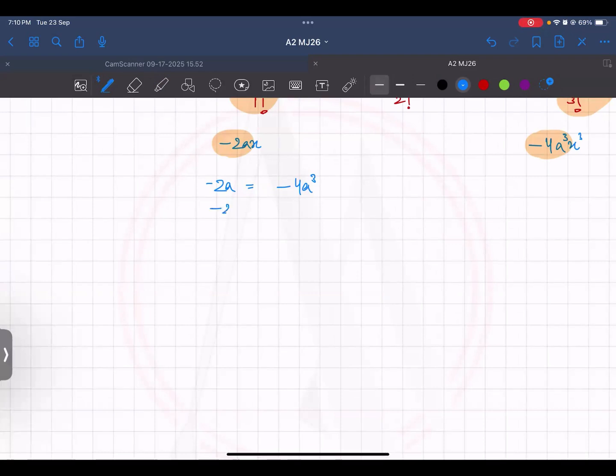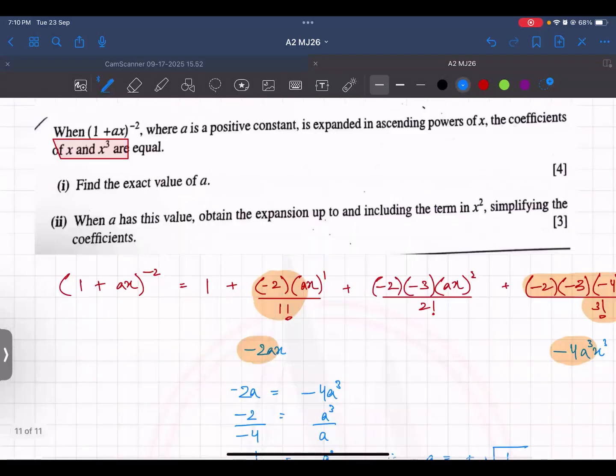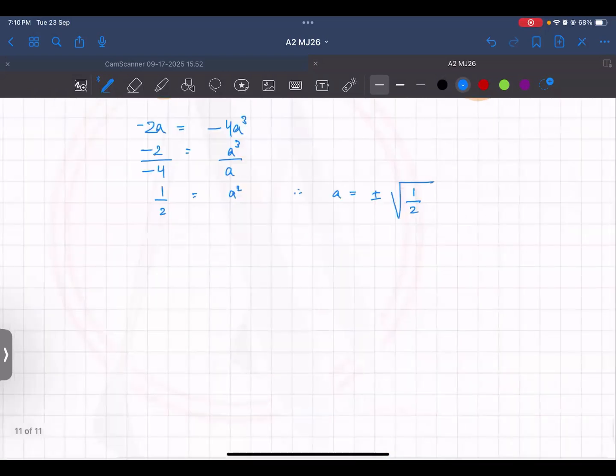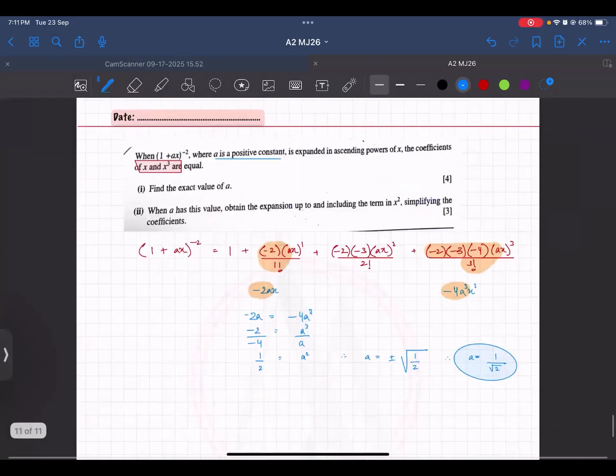This would become minus 2 upon minus 4, which is 1 upon 2, equals a squared, and therefore a comes out to be positive or negative 1 upon root 2. They've told you that a is a positive constant, so because it is a positive constant, you just keep the positive answer. So this would be 1 upon root 2, the answer to your first part.